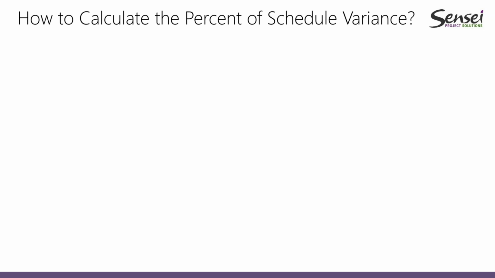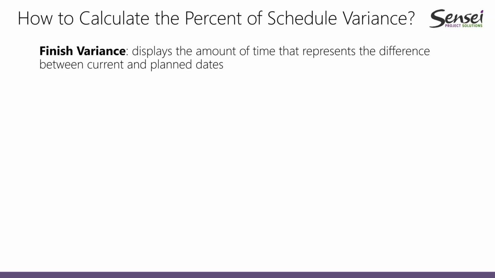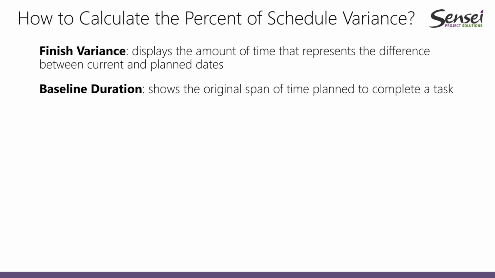To calculate it, we will use basically two fields: the finish variance field, which has the difference or lag that we have, and the baseline duration field, which provides what was originally planned in terms of duration.